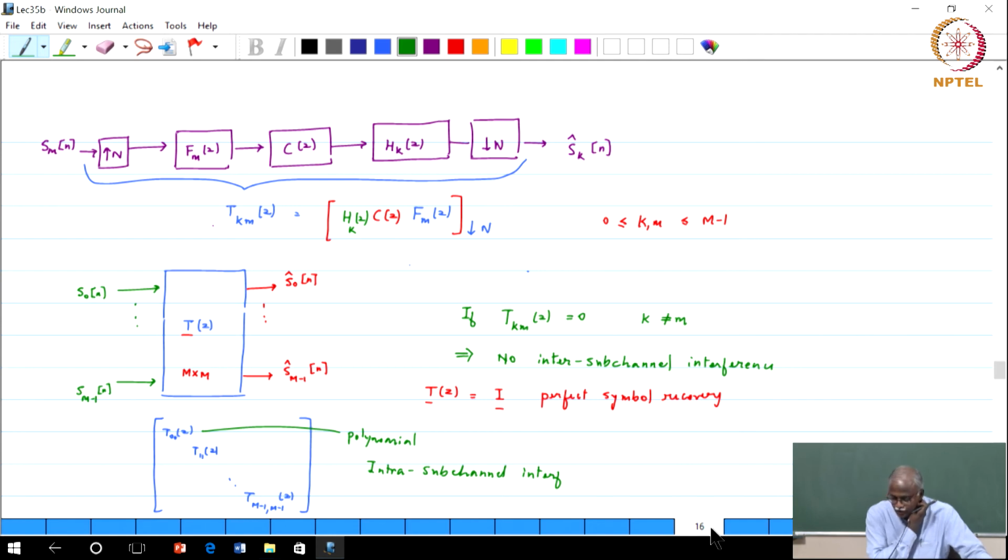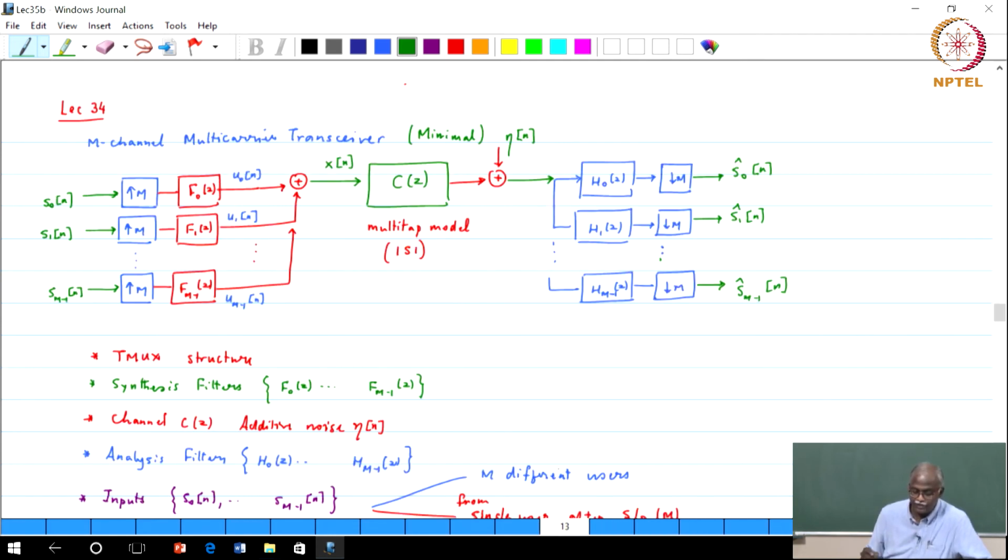Okay. So, now the labeling of the signals is very important, let me just make sure you have S0 to S(M minus 1) on this side, U0, U1, U(M minus 1) on this side, and S0 hat, S1 hat, S(N minus 1) hat. So, I am looking at the transfer functions between S0 and S0 hat.